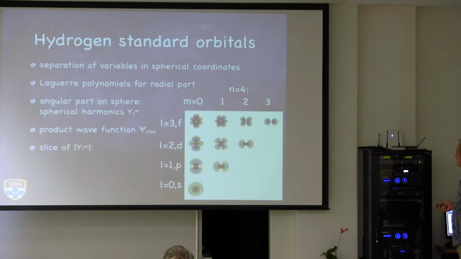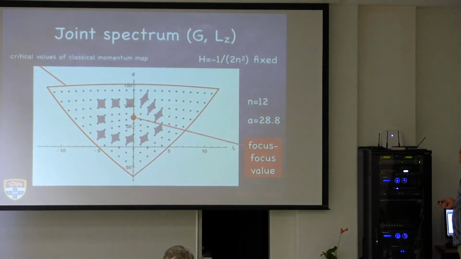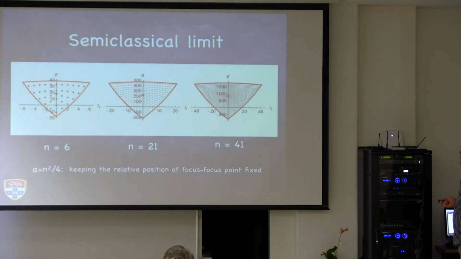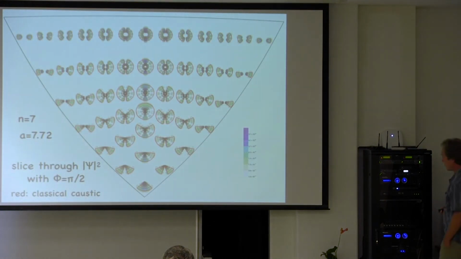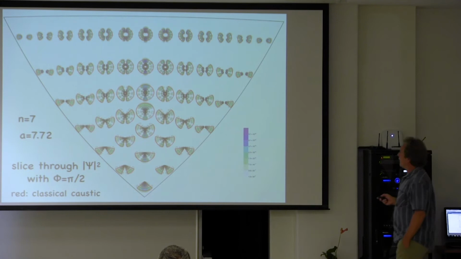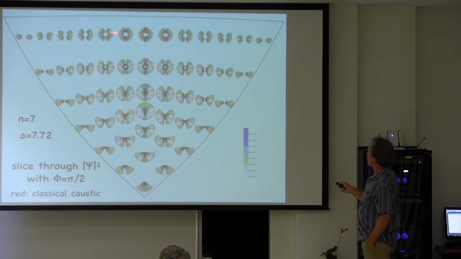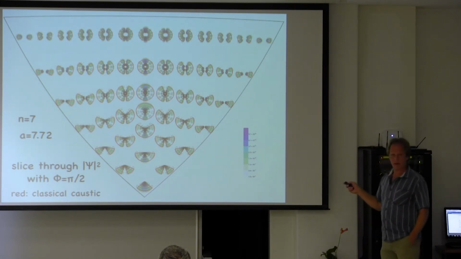Somewhere here, there's a picture of them. There we go. So this is again for a particular n, 7, so here you see these 49 eigenfunctions. And up here, they look fairly much like spherical harmonics.